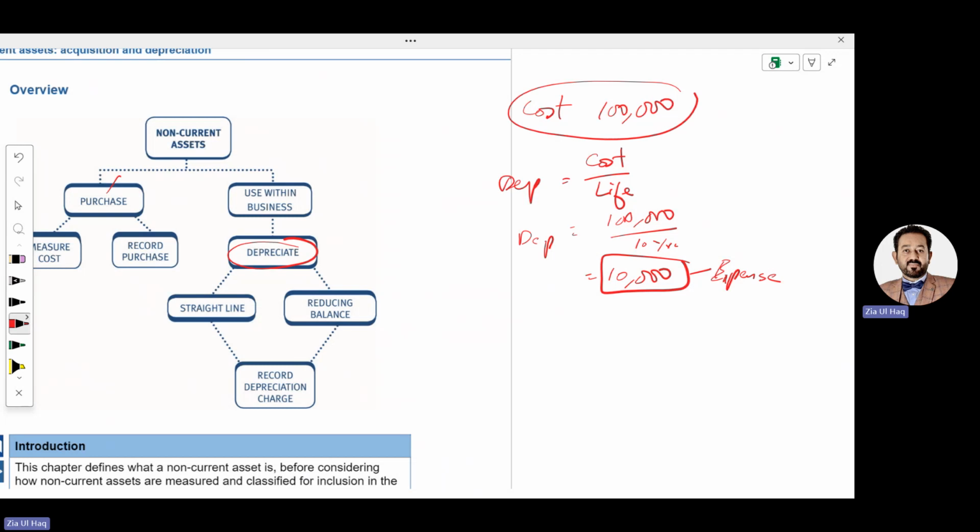Because we are using this asset, and it is helping the business generate sales and revenue, so we should charge asset cost to revenue. If it provides benefit for 10 years, every year we charge 10,000 to revenue as expense. If it provides benefit for 5 years, depreciation is 100,000 divided by 5, so we will charge 20,000 depreciation every year.